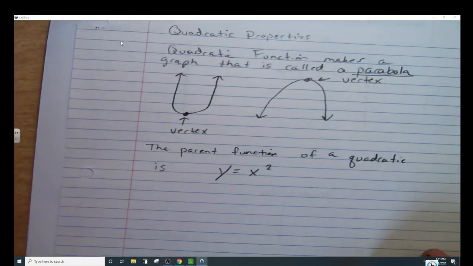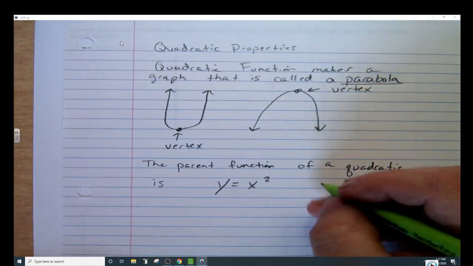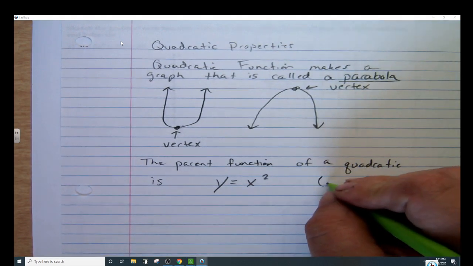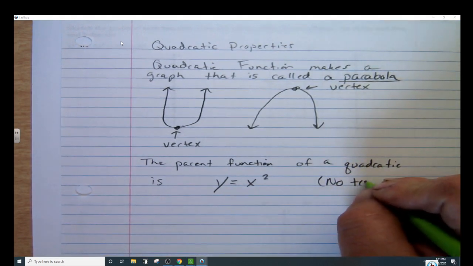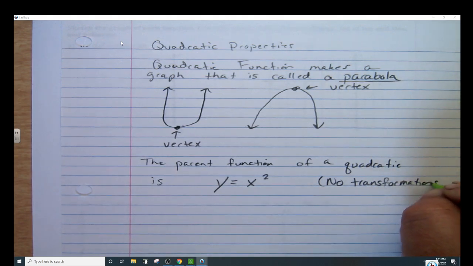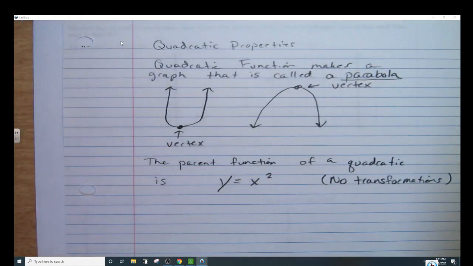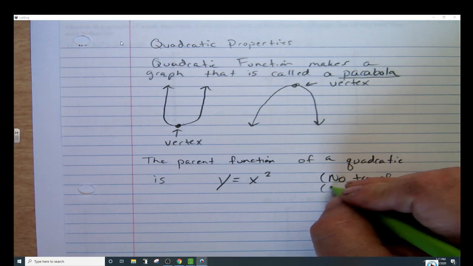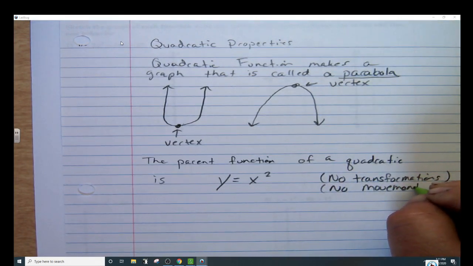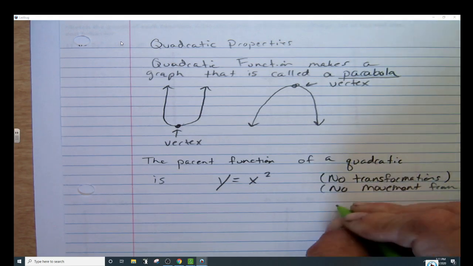What it means to be a parent function is that it has no transformations. It's not moved left, right, up, or down. It's not reflected down or anything like that. So basically, it has no movement from the origin.